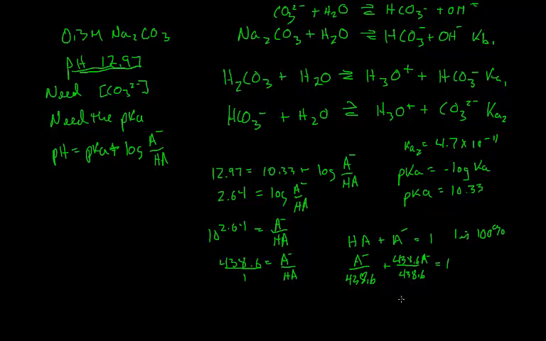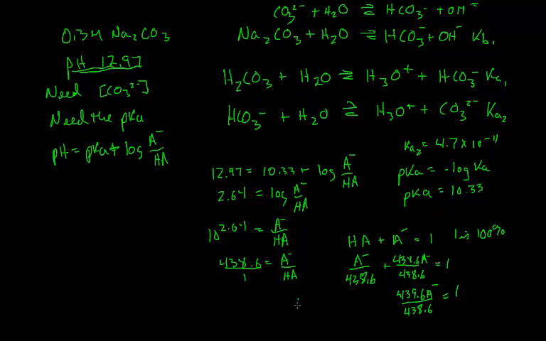That ends up being 438.6 plus 1, so A minus times 439.6 divided by 438.6 equals 1. And we can cross multiply here. So A minus would be 438.6 divided by 439.6.